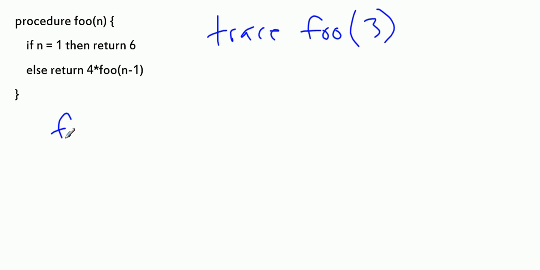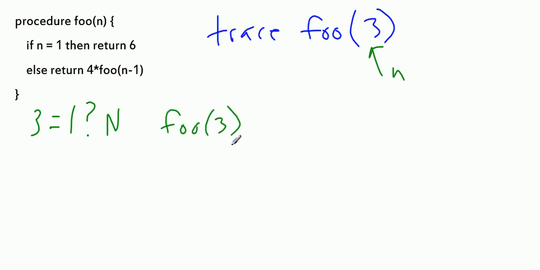So for foo of 3, we're going to start basically here with n equals 3. This function only has one input. Does 3 equal 1? The answer is no. So returning foo of 3, which is sitting around waiting for the answer, is going to be 4 times foo of 2.